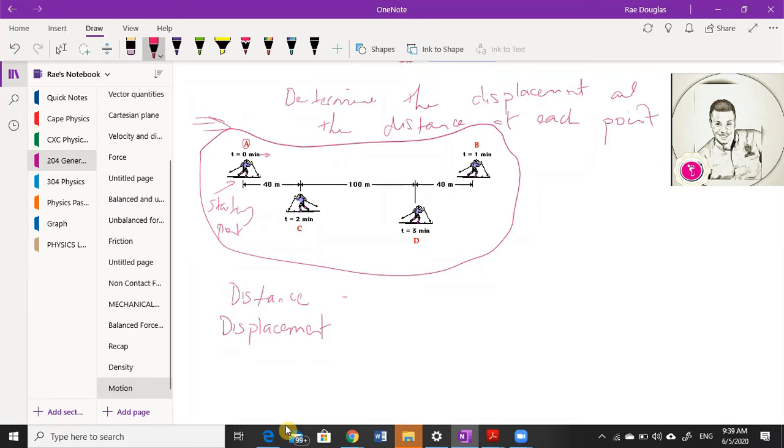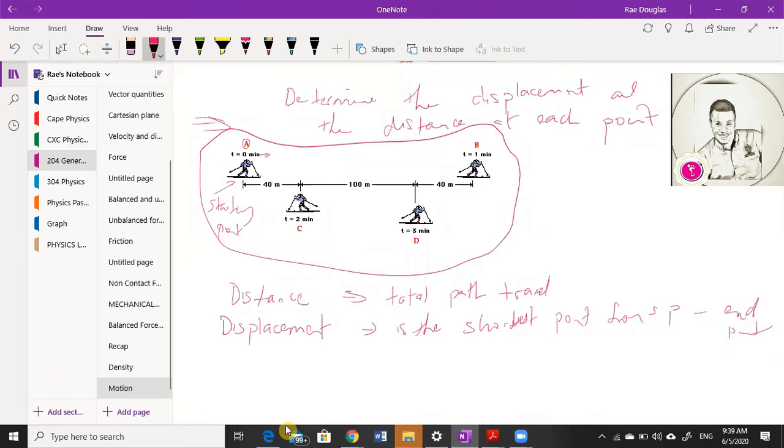Remember we said that your distance is the total path traveled, whereas your displacement is the shortest path from starting point to end point.